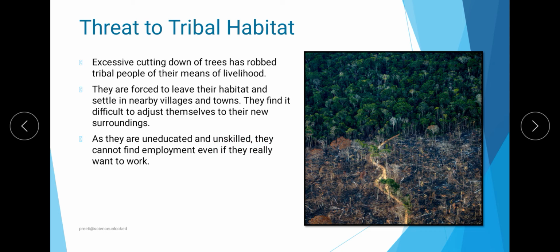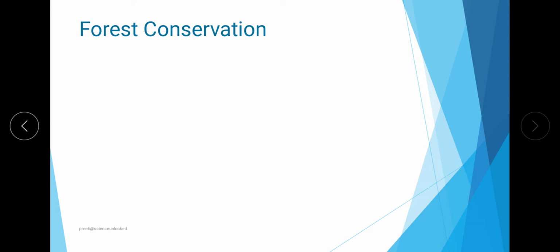So they will not be able to find employment, and they will not be able to earn their livelihood. So it's not only the animals and the whole of nature that is getting impacted, but also these people. And because of this we need to conserve forests, and we need to come forward for the process of forest conservation.